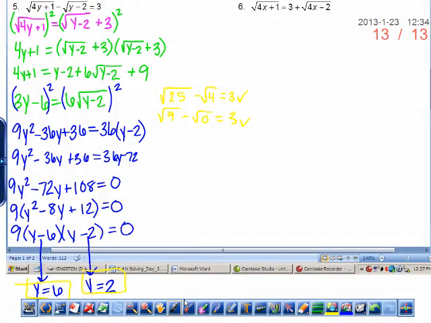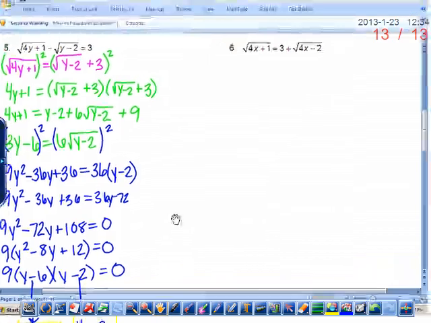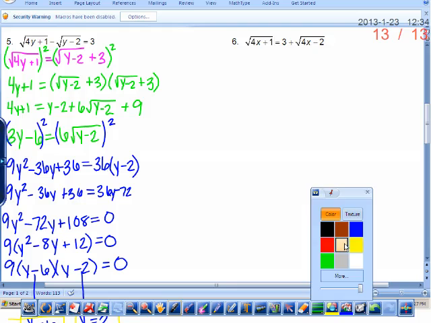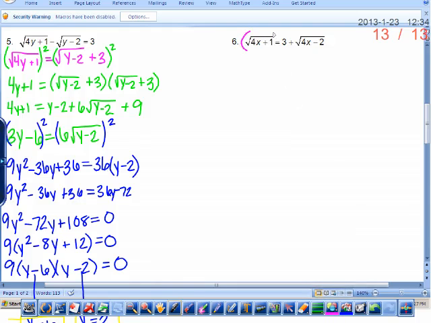All right, let's try number 6. The square root of 4x plus 1 equals 3 plus the square root of 4x minus 2. Okay, so what would we do first? Square both sides.